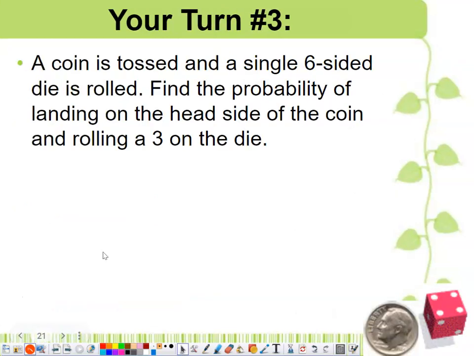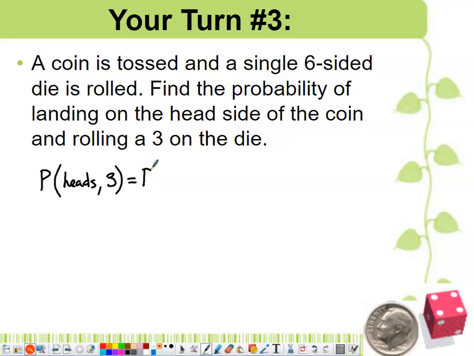All right, your turn. So a coin is tossed and a single six-sided die is rolled. Find the probability of landing on heads and also rolling a 3, right? So here's our notation. We have probability of, we want heads, followed by a 3, okay?